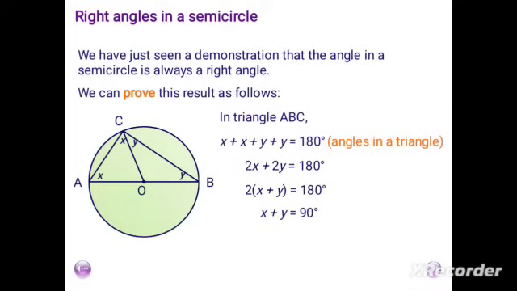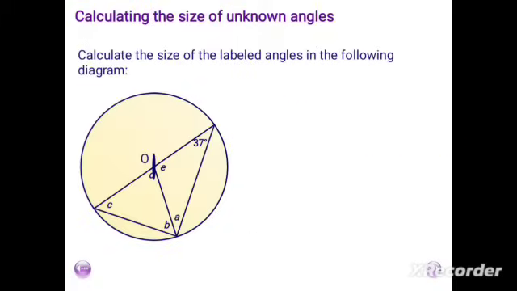If you simplify that, x plus y is equal to 90 degrees. And so we have that angle ACB, which is x plus y, is equal to 90 degrees.